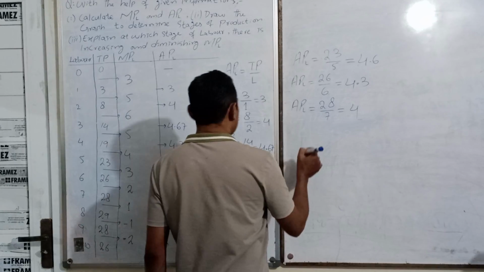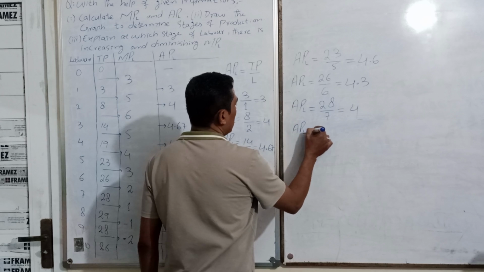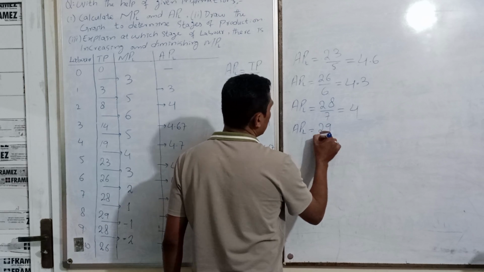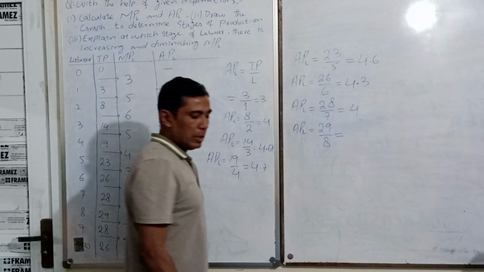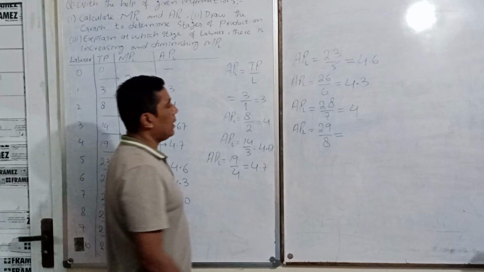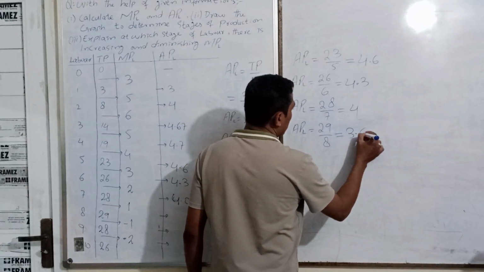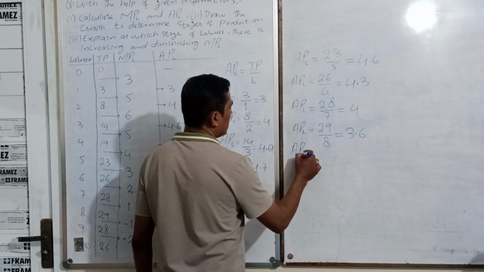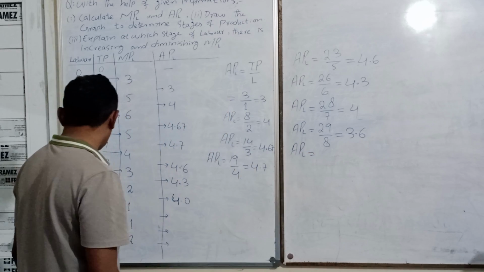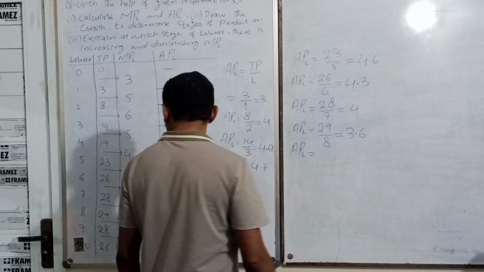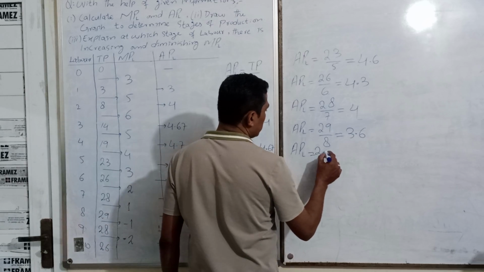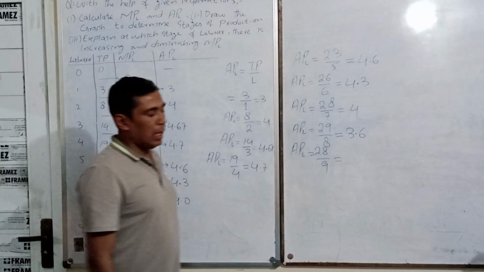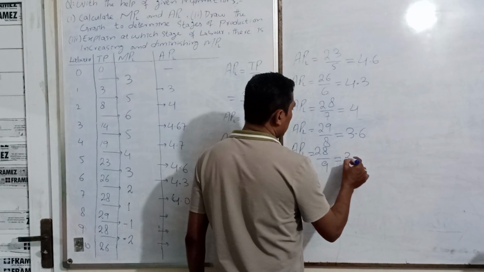So the next APL is 29 divided by 8. Answer is 3.6. Next APL is 28 divided by 9. Answer is 3.1.